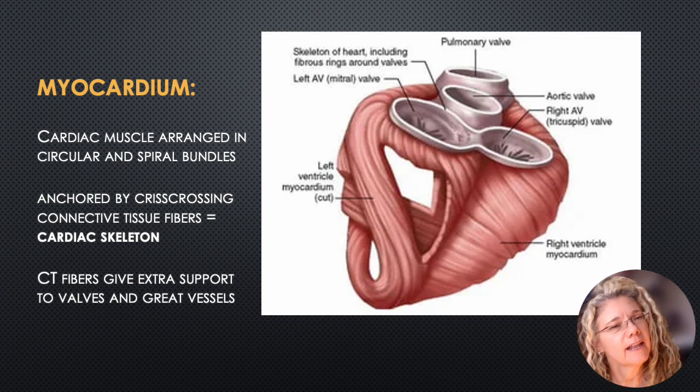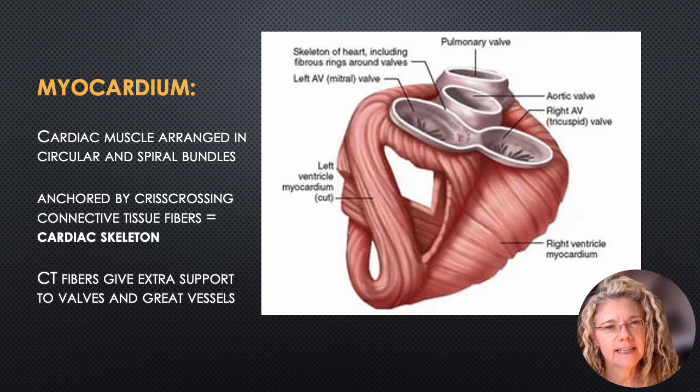All right, when I think about the myocardium, like the actual structure of the muscle fibers, it's gorgeous. It really is intricate and beautiful. The cardiac muscle itself is arranged in these beautiful circular and spiral bundles, and they're anchored together with some connective tissue fibers that crisscross and provide support, and we call those fibers the cardiac skeleton.